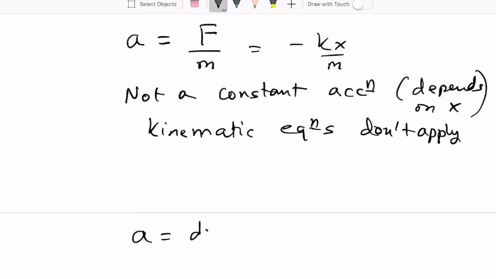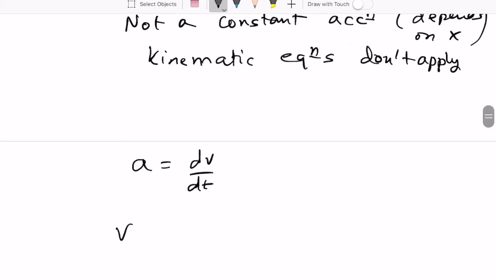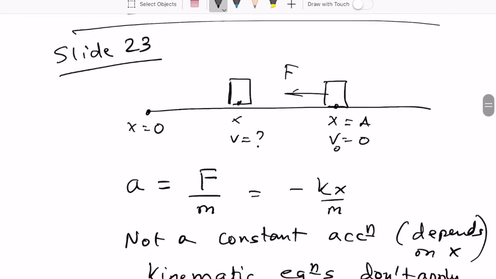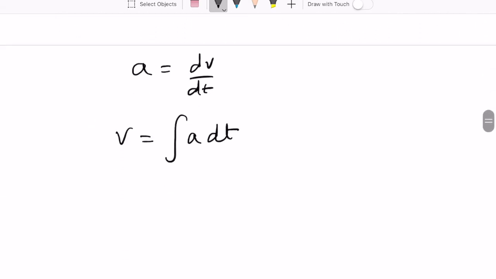Acceleration is defined as the derivative of the velocity. So to find the velocity, you might be able to integrate the acceleration, right? That's a perfectly reasonable way of finding the velocity when the acceleration is not constant. So let's see if we can do that. Our a was minus kx over m, dt, and we have to integrate this to find the velocity.